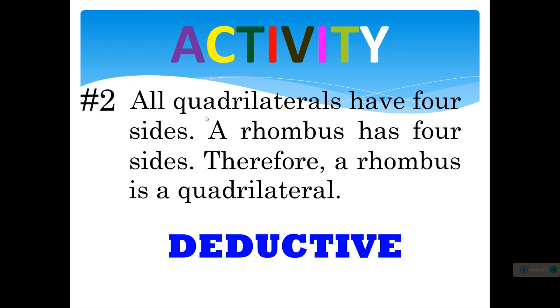And then after defining or after having this conclusion or definition, you have given an example and you have given a rhombus as your example. So we have here a rhombus has 4 sides. So that's why you can have your conclusion that a rhombus is a quadrilateral. So again, this is an example of deductive reasoning.